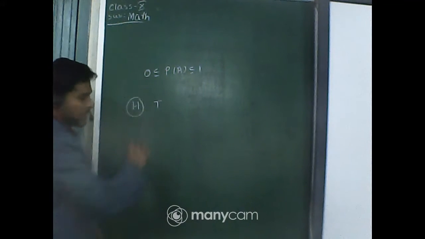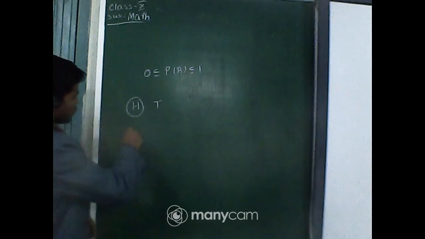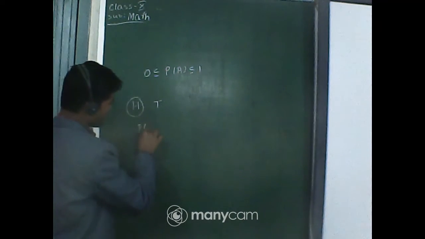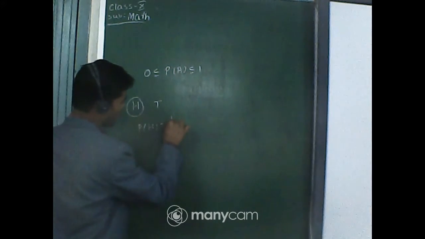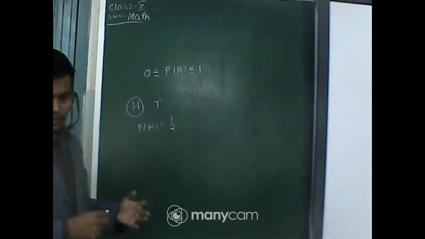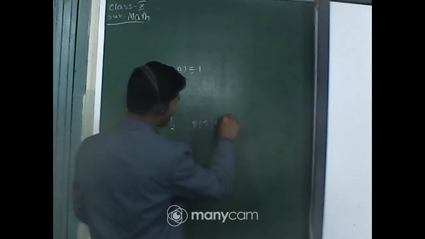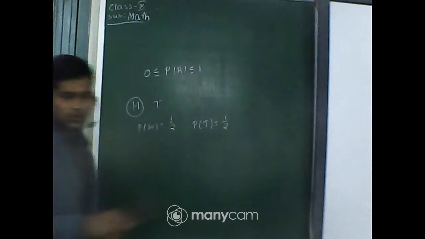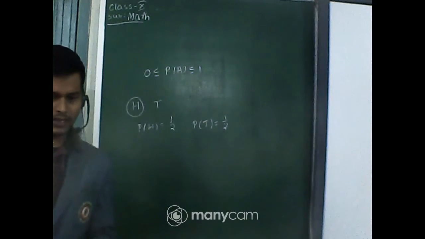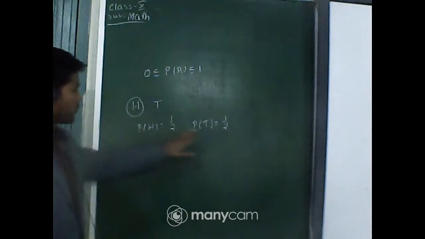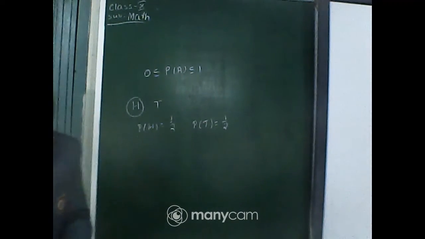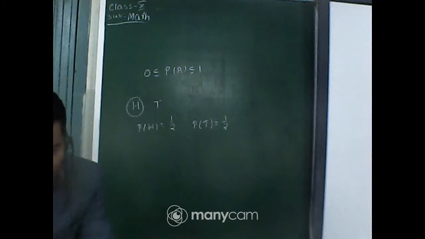Now, if we calculate the probability of getting head, the probability of head is equal to 1 by 2. Similarly, the probability of tail will also be 1 by 2. So the probability of getting head or tail is equal, meaning the events are equally likely events.